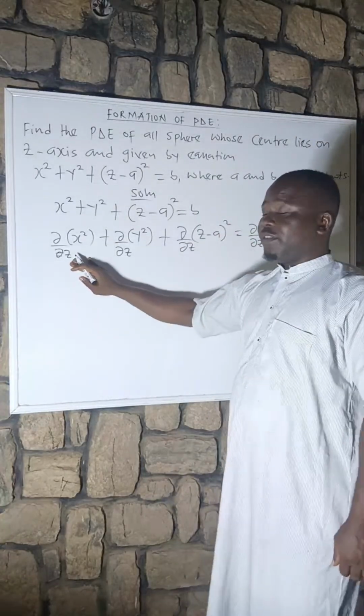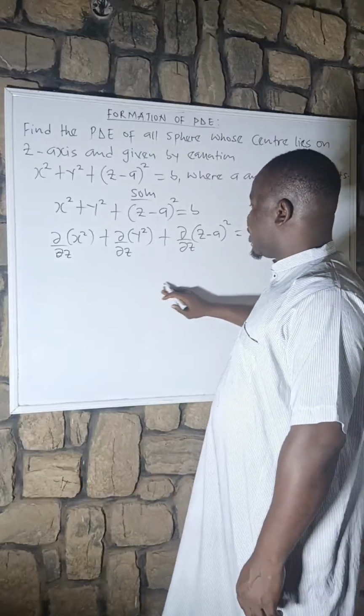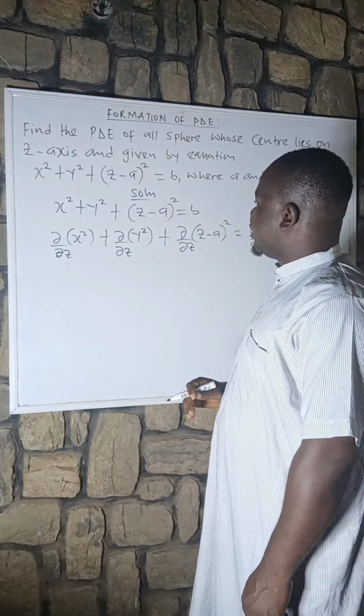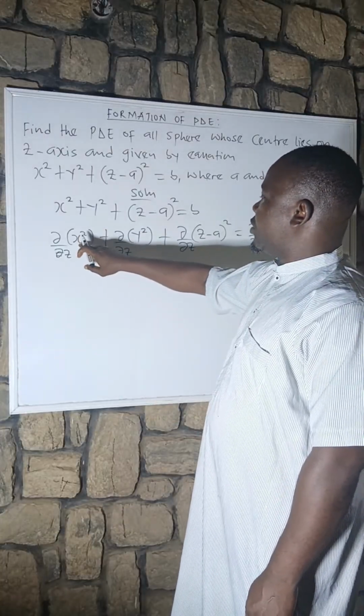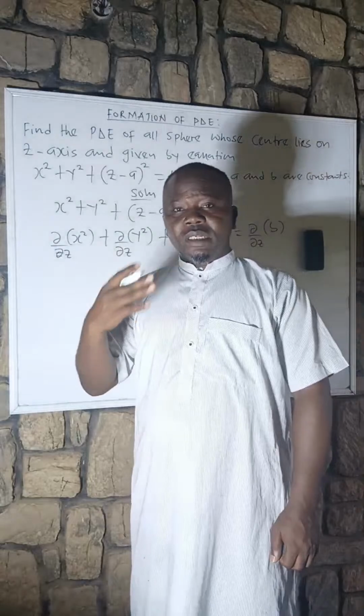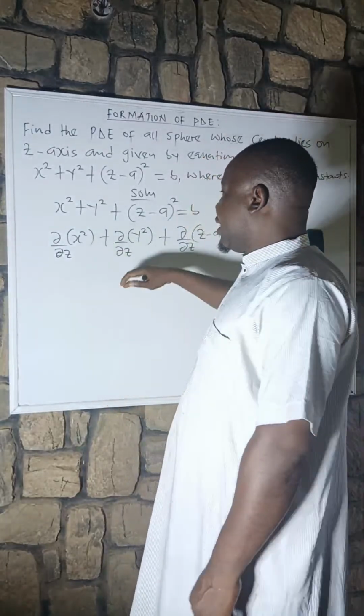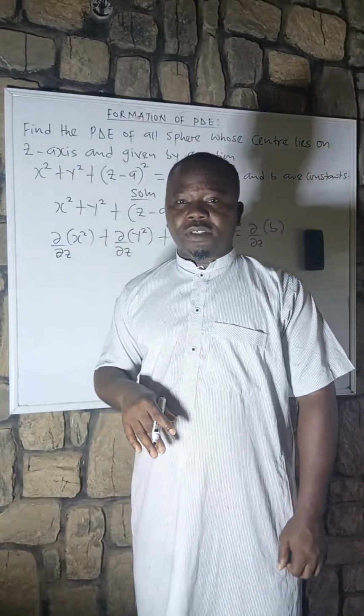We are to differentiate this partially with respect to x. So what we need to do is differentiate only those functions that contain x. Any other thing will be 0.